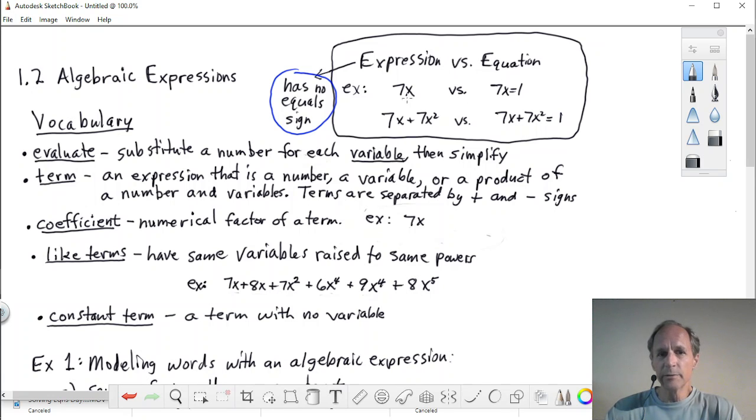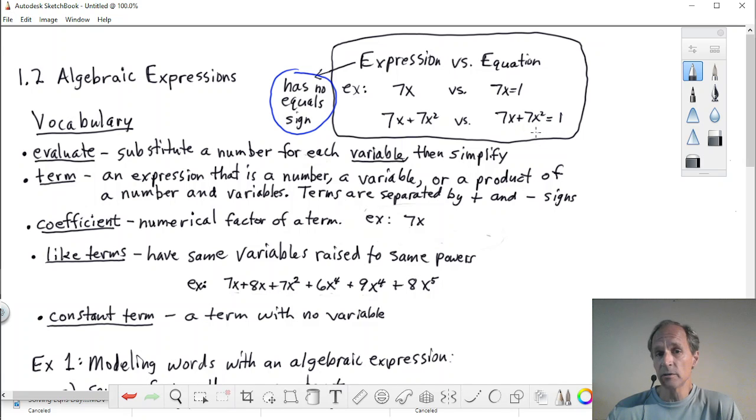So, for example, 7x is an expression. 7x equals 1 is an equation. Another example: 7x plus 7x squared is just an expression. 7x plus 7x squared equals 1 is an equation. An equation expresses the relationship between the two sides.